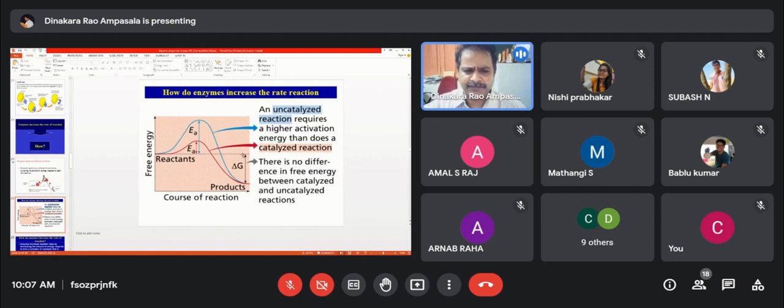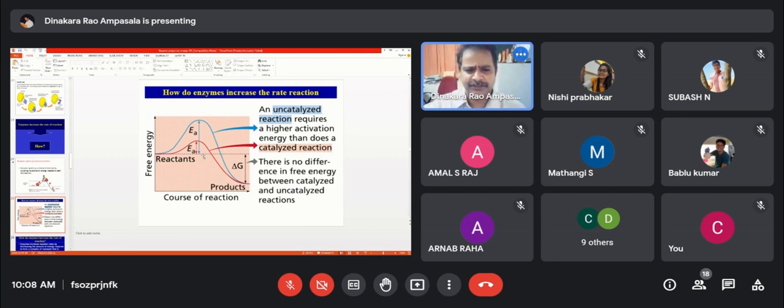The loss of free energy is the same in catalyzed and uncatalyzed reactions, whereas the activation energy differs. Activation energy is required in the uncatalyzed reaction. The activation energy is minimized, reduced, where catalysis is involved.